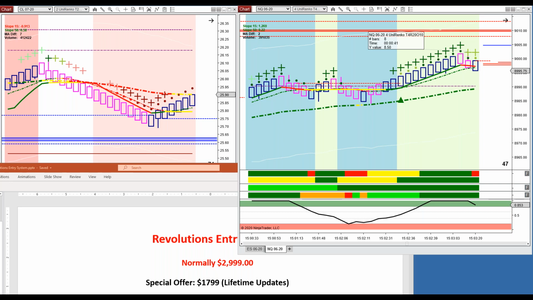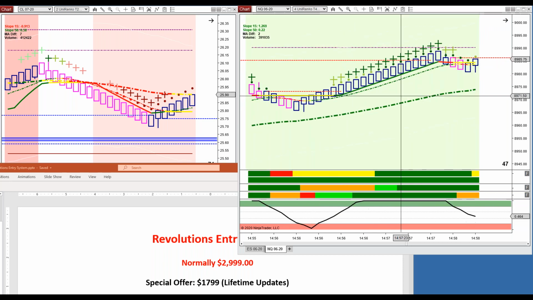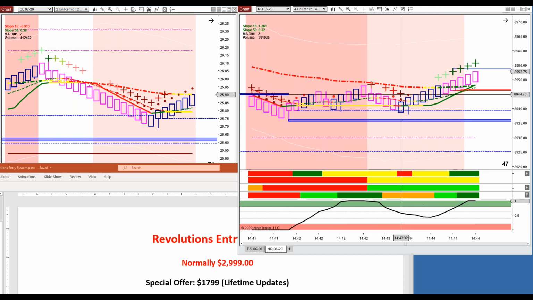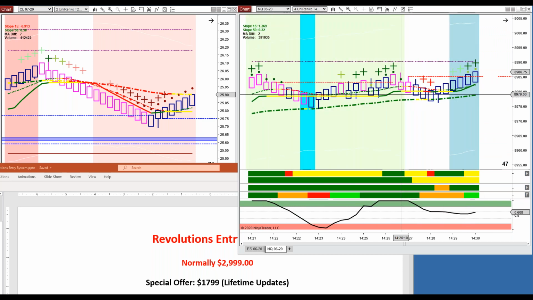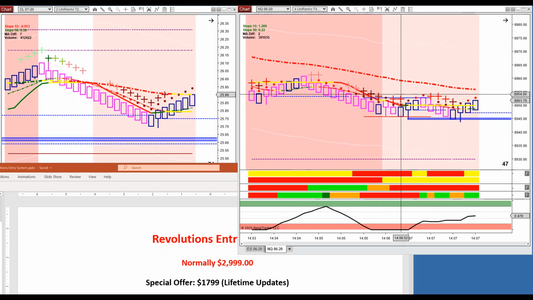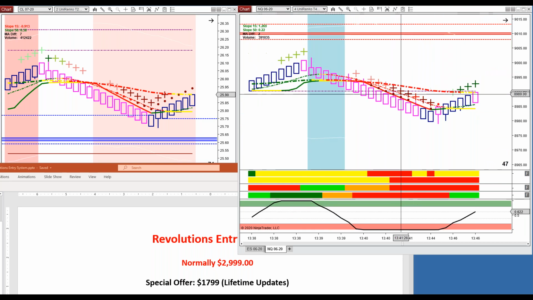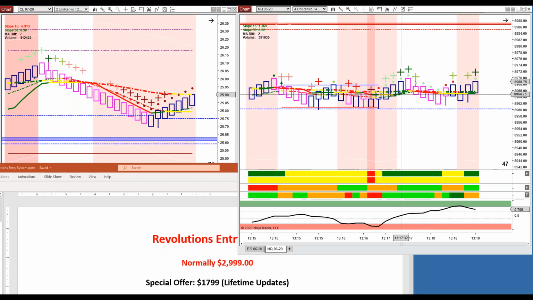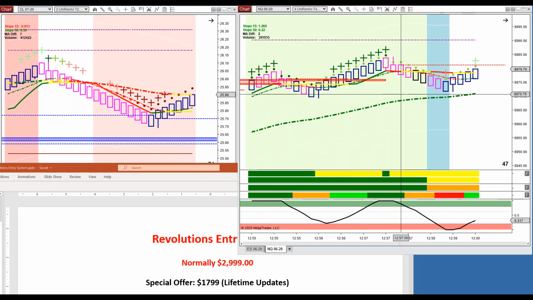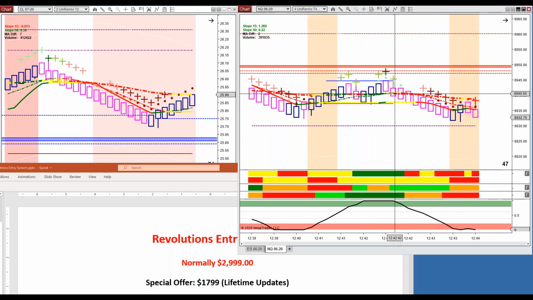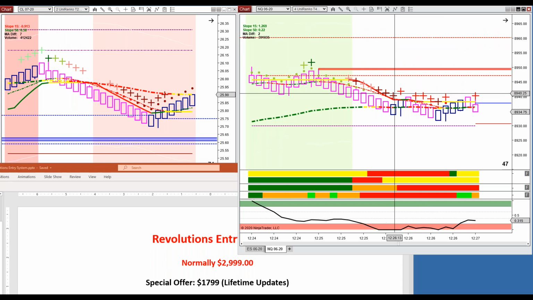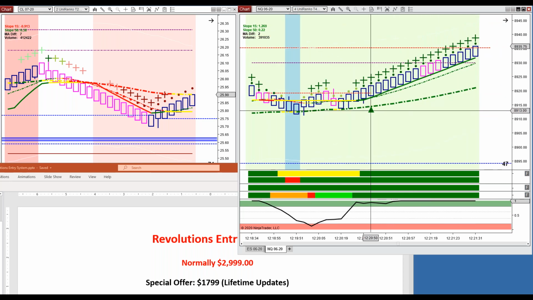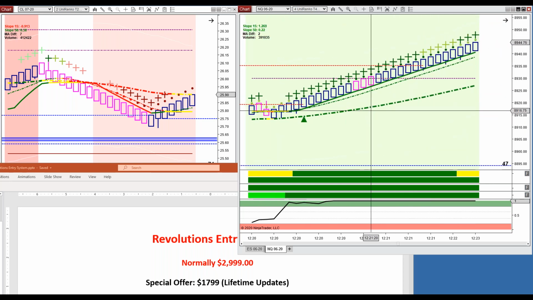So the triangle, green or red, that is the revolution signal, Taylor. And I probably should have made that a lot clearer when I started going through, but those are the revolutions. And that's a killer trade.